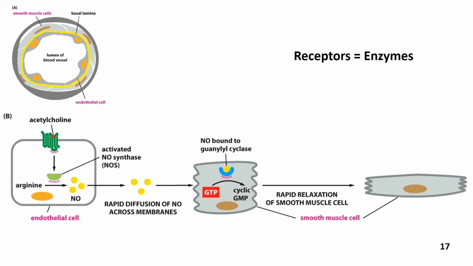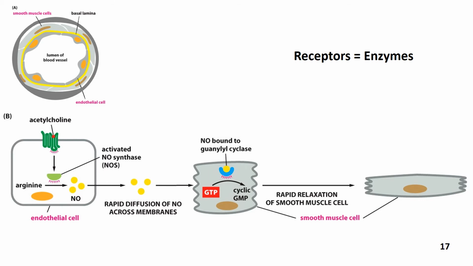In response to acetylcholine, the endothelial cell will activate an enzyme called nitric oxide synthase. Nitric oxide synthase induces the production of nitric oxide that is able to freely diffuse through the endothelial cell membrane into the extracellular space.